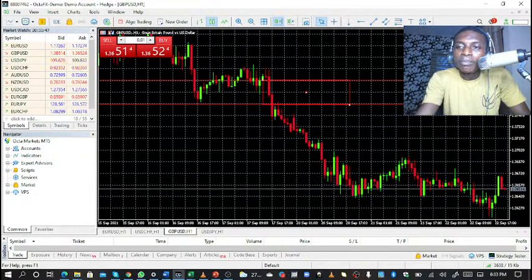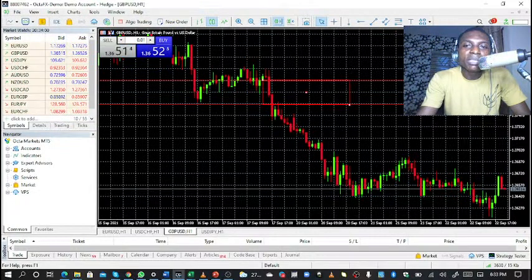Now the price difference here is 0.00332. That tells you that this has a difference of 300 pips. Now that is for the percentage change in point.